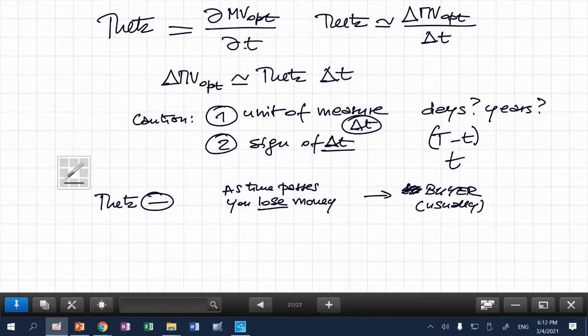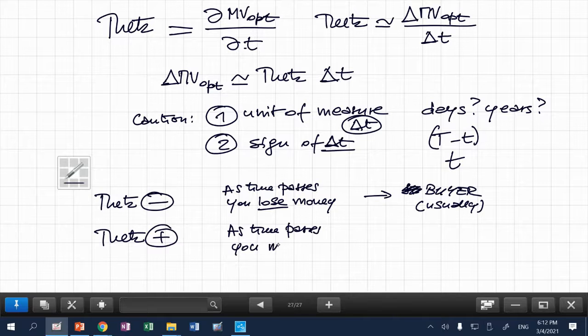And I add usually because for the buyer, in 95, 97% of cases, the theta is negative. For some contracts, such as options on stocks, there can be cases and parameters for which you have the opposite sign of theta, but only for extreme prices, typically. Instead, if you are theta positive, it means that as time passes, you make money.